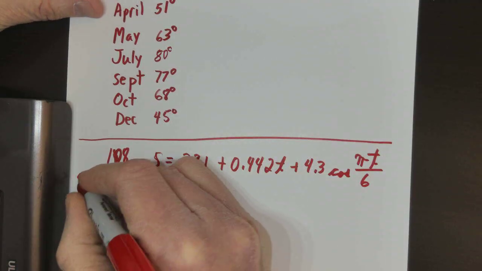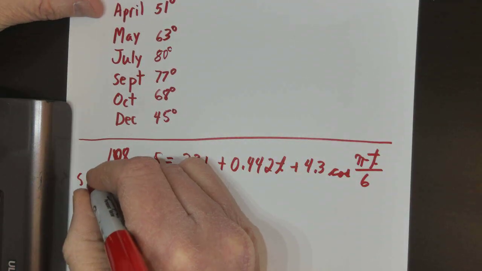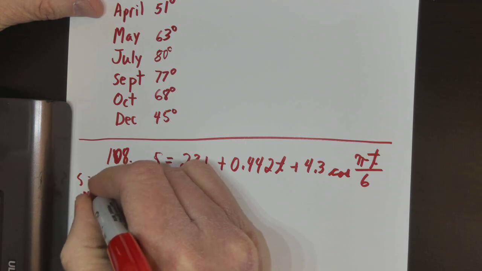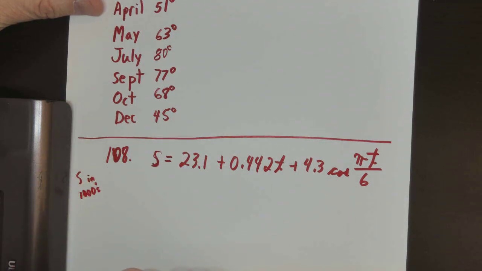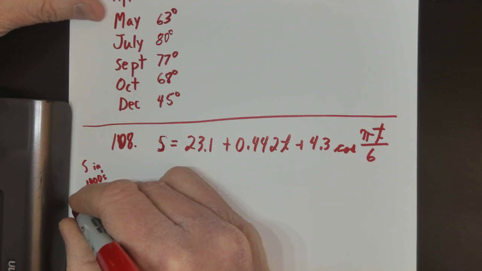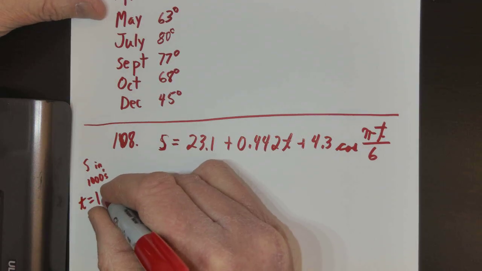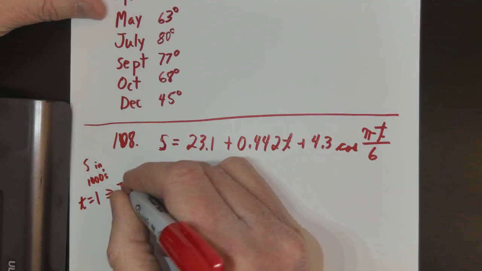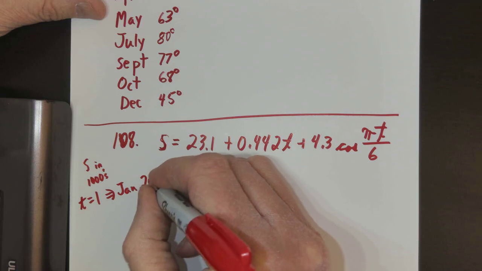So S is thousands. And T is the time in months. T equals 1 corresponds to January of 2017.